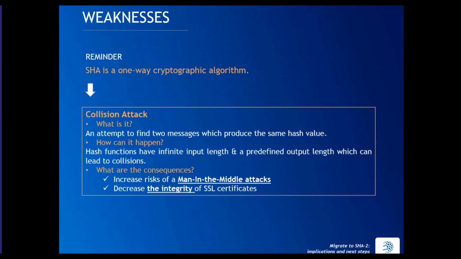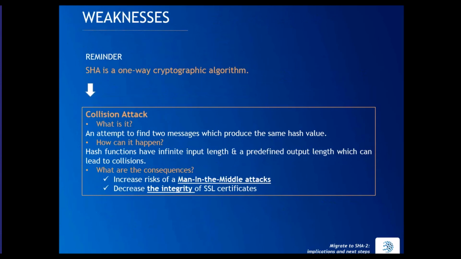So when there are infinite input lengths and predefined output lengths, there is going to be a possibility of two different inputs that produce the same hash value. Now, if there are two messages which produce the same hash value, then there could be a collision attack.